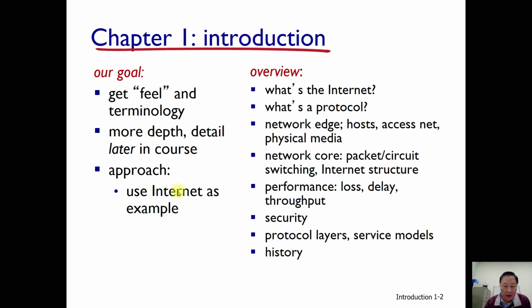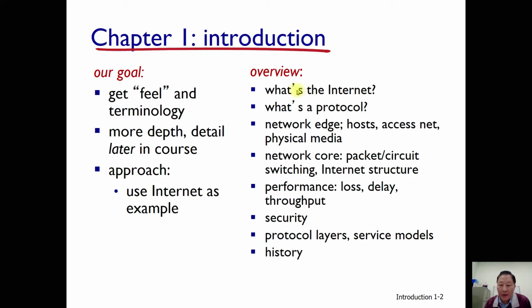And we will use the internet as a very useful example, because every day we are using this internet, and that is the outcome of this computer network evolution. We are using it as a result of this computer network.